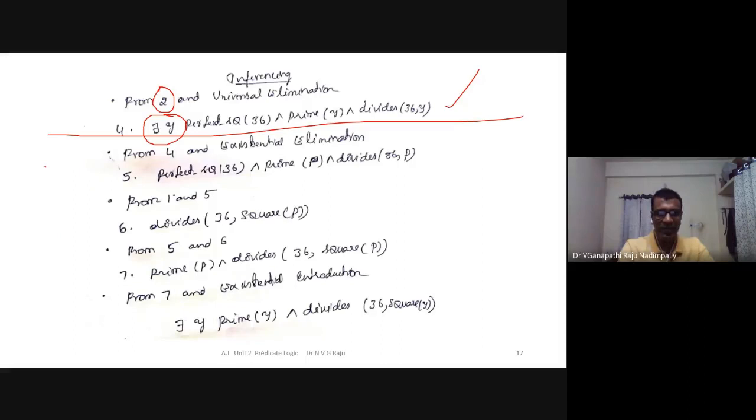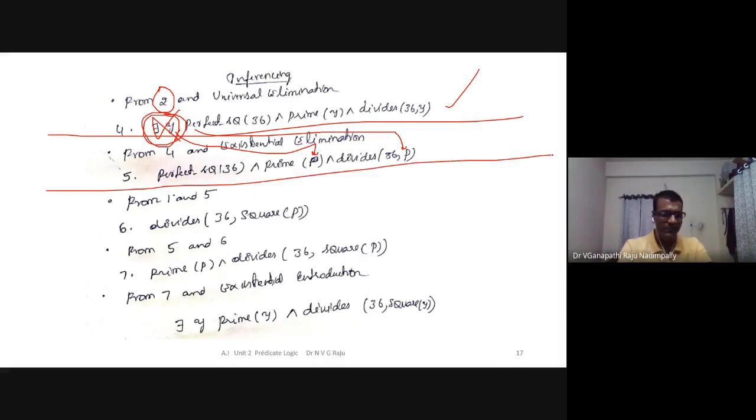If I want to do existential elimination, I will remove there exists y, and wherever y is there, I am replacing it with P. Observe carefully, the same here also. Now my statement 2 is free of universal elimination and existential elimination. Kindly take this step 5.